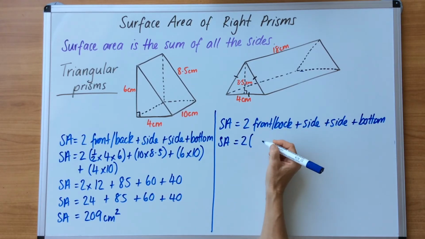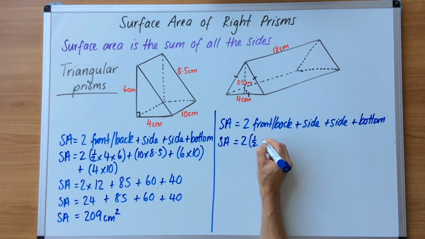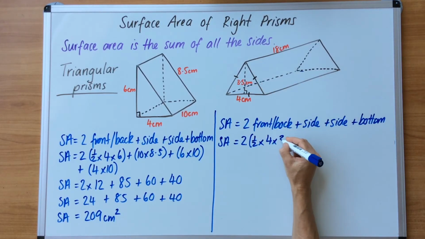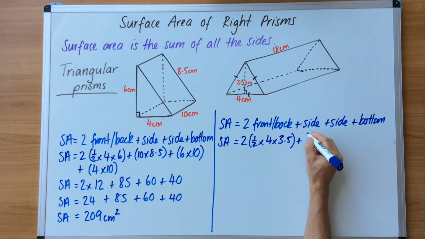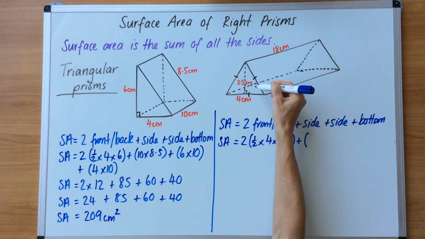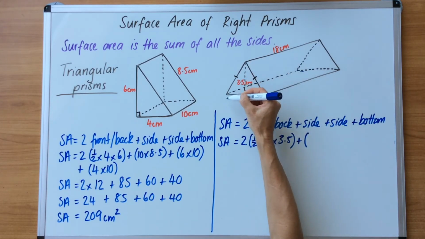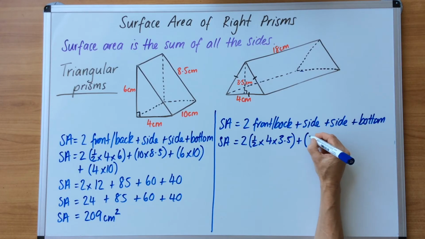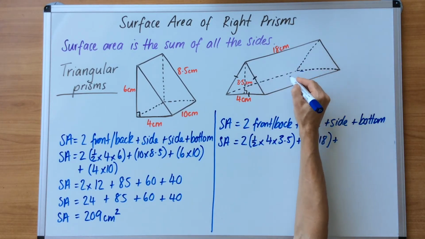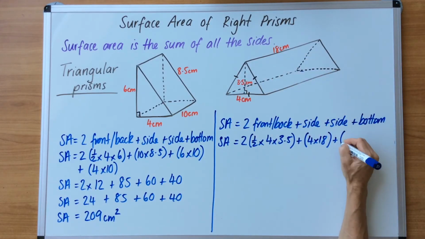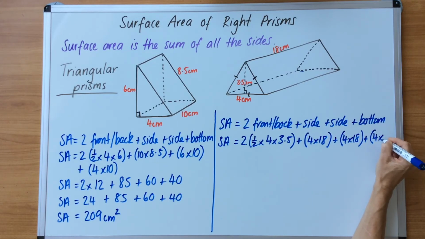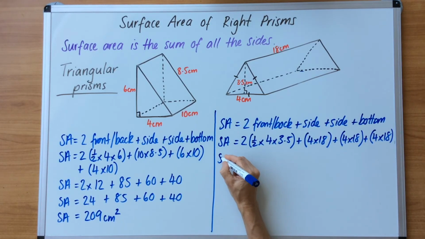So 2 bracket, now this is the triangle, so half times the base of 4 times the height of 3.5. And now we're going to add these sides on. The length is 18 and the width is 4 because this is an equilateral triangle. It means that this length is 4 also. So 4 times 18 plus another side which is identical because these rectangles, all 3 of them, are identical. And the bottom which it's sitting on is also the same measurements, so 4 times 18.